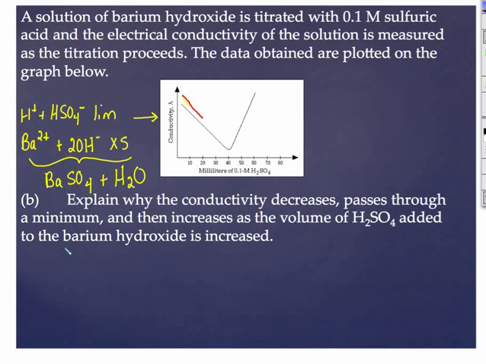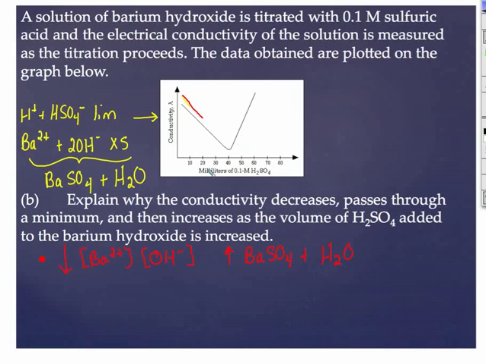So as we are on the forefront of that, we are decreasing our barium ion concentration and our hydroxide ion concentration, and we're increasing the amount of barium sulfate and water, neither of which conduct. So that is point 1 on the forefront.